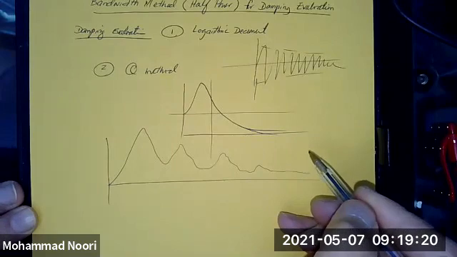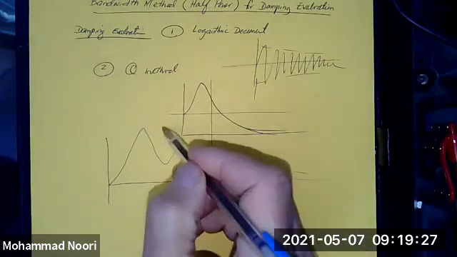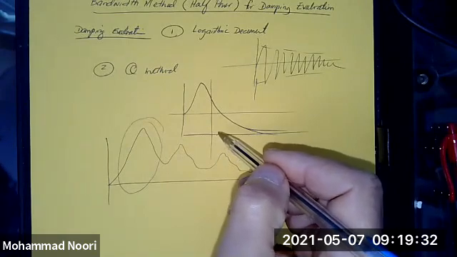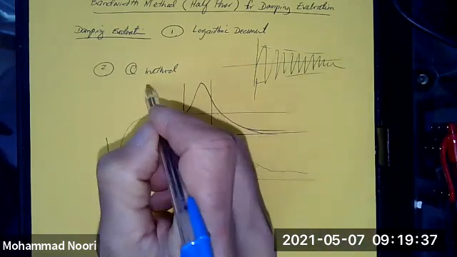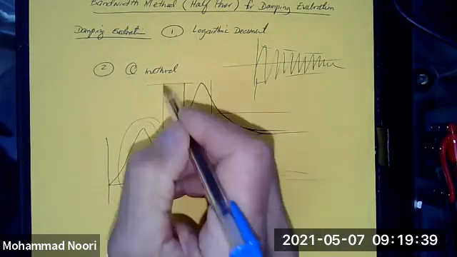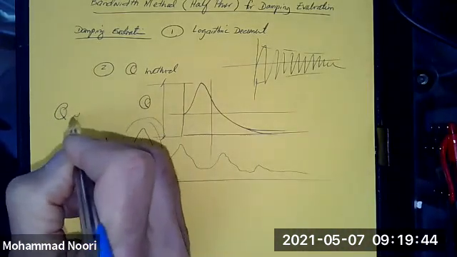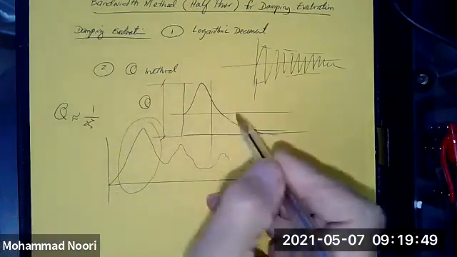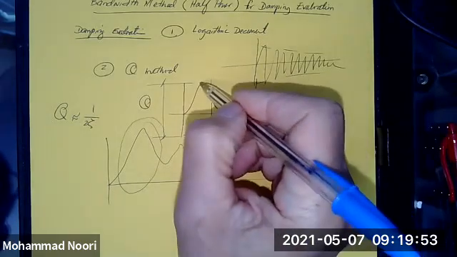You consider the first mode, and if I want to evaluate damping, one approach was to measure this peak value, which we call Q, and we showed that Q is roughly 1 over 2 zeta.